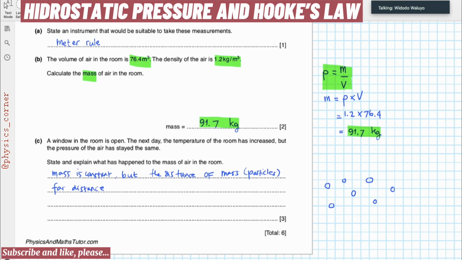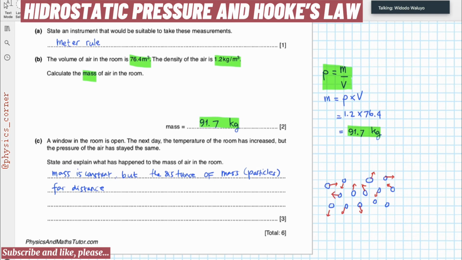Let's say the first condition is like this one, still near, and they have velocity. Maybe in grade 12 we will learn more about this one.